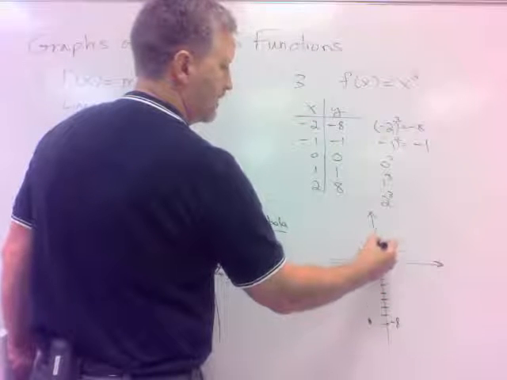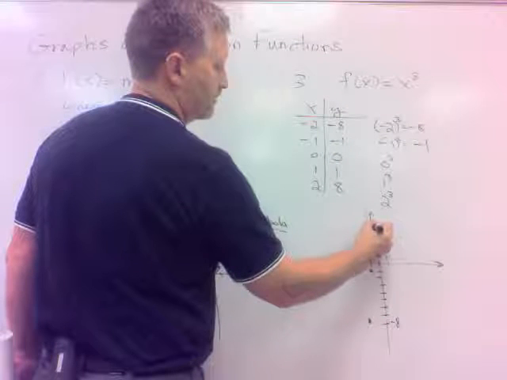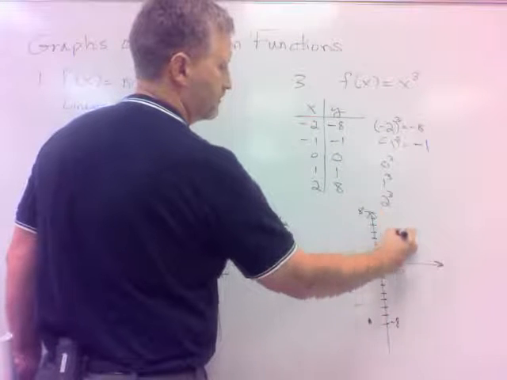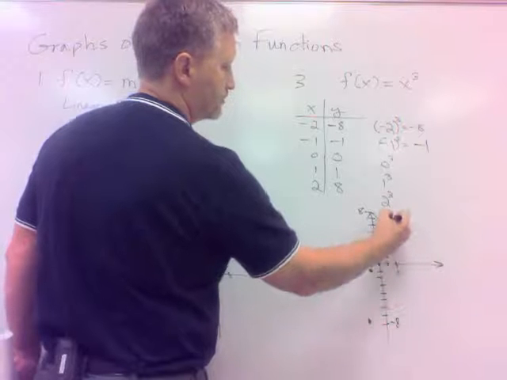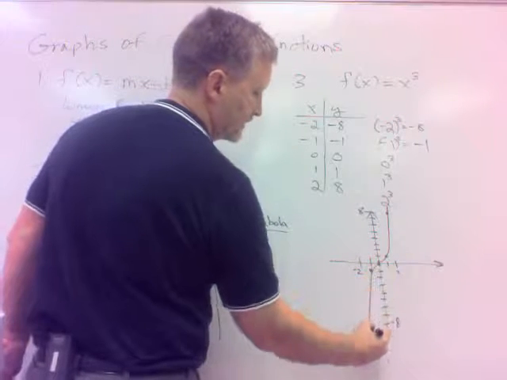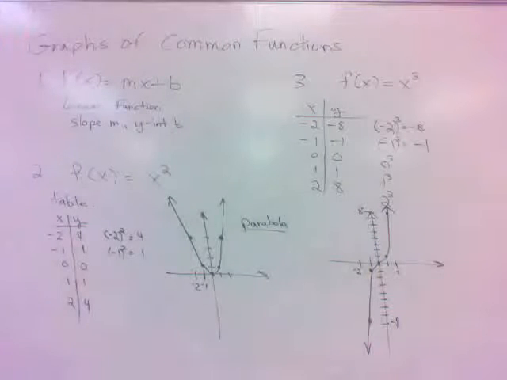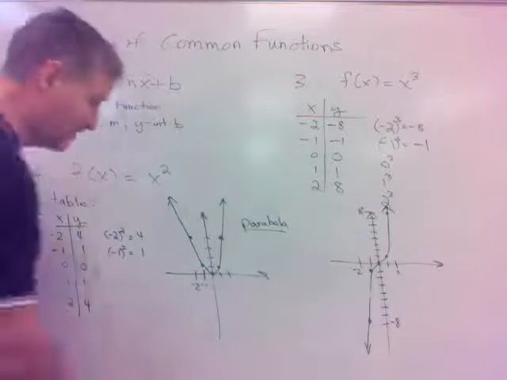And then at 2, you got +8. So this winds up with a little curve to it, something like that. That's what the x cubed graph looks like. For x cubed, there's a lot of variation, though. We'll talk about that later on.